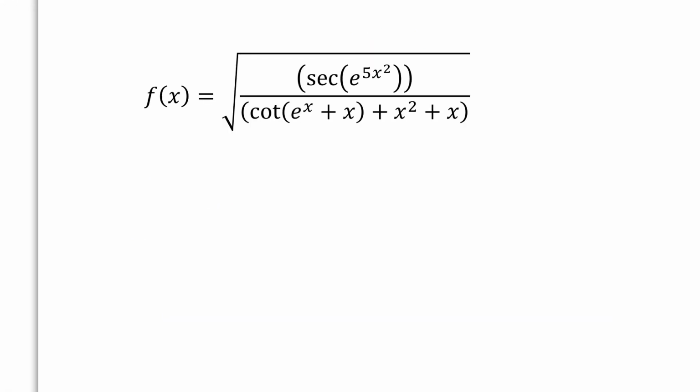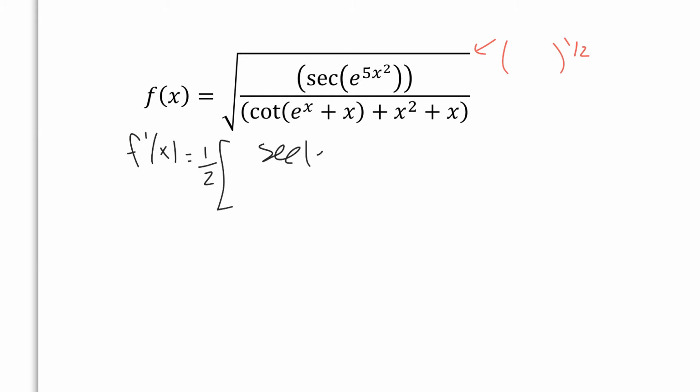Now, for this function here, you can see that the square root is the very first thing you encounter. And so you're going to want to rewrite that square root as all to the power of 1/2. So you can see that the power rule is the very first thing to do. So when we go to do the derivative, f prime x is going to be 1/2. And then everything else gets rewritten.